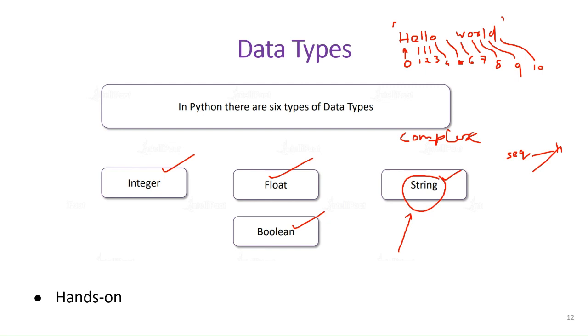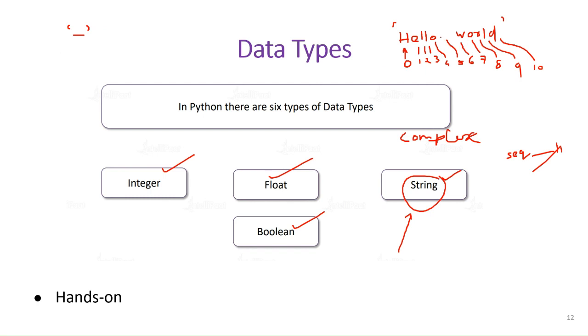Any doubt in this? You can ask me now. See, between hello and world you have a space. That space is also a character. It is also a string. Actually, a character is a string. So if you have two single quotes and in between you have a space, that will be taken as a character.